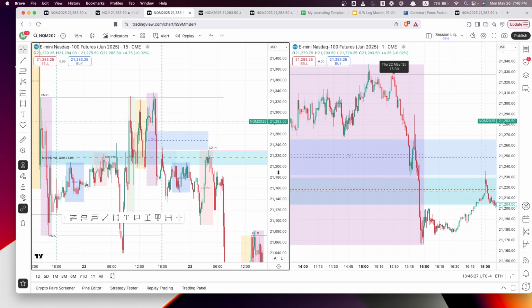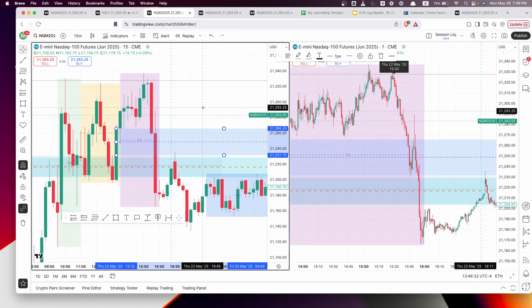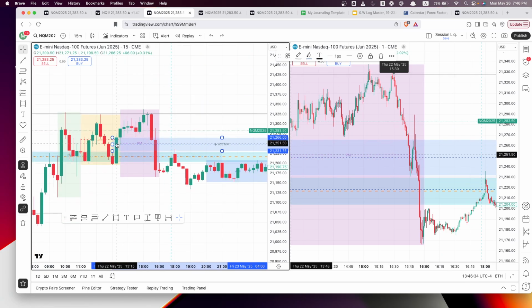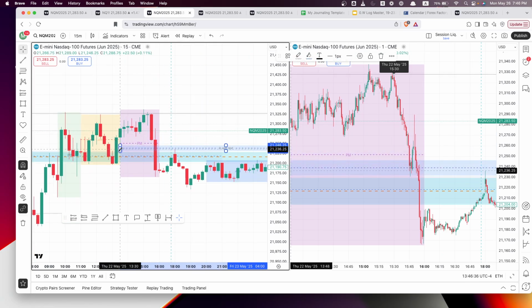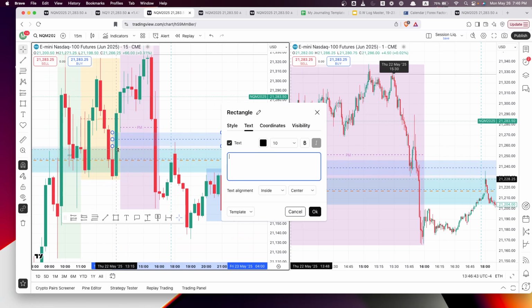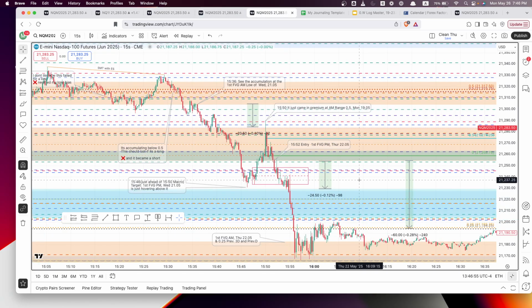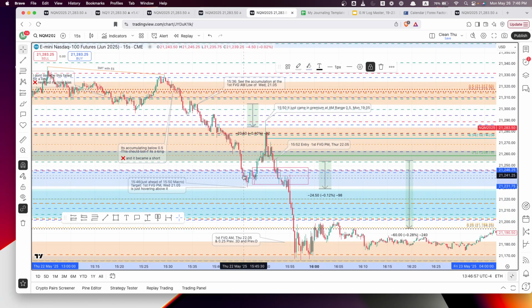Let me make it right and put it here. Yeah, now it's good. So this could be the 15-minute fair value gap from 150. Take that in here. So here, this could have been what we aimed for.